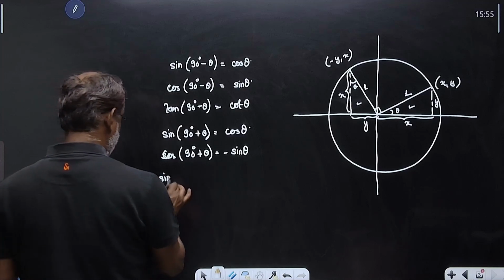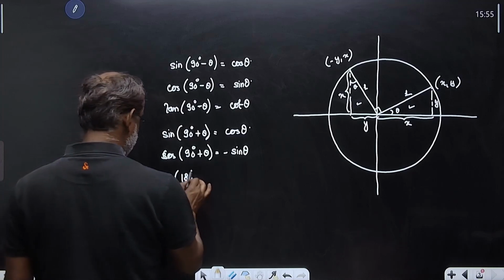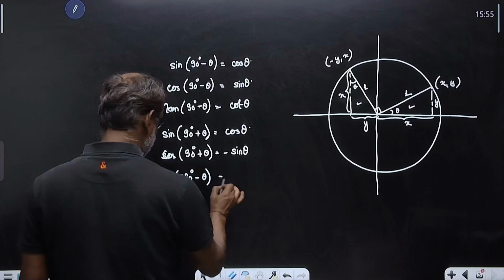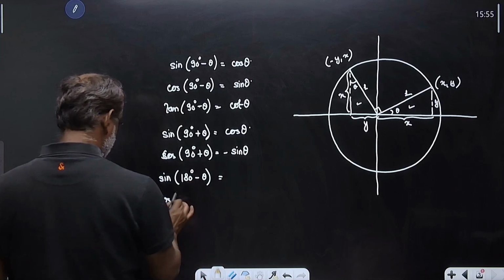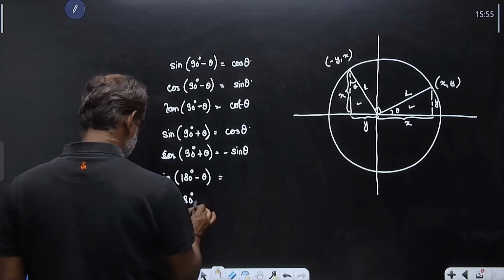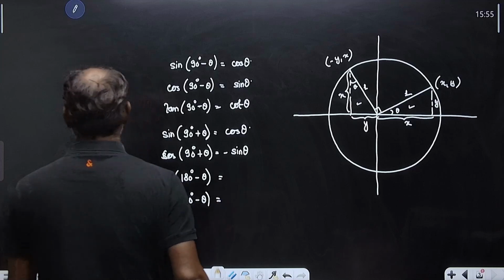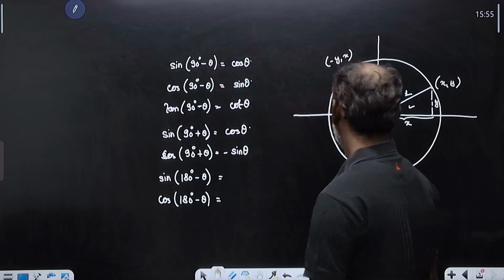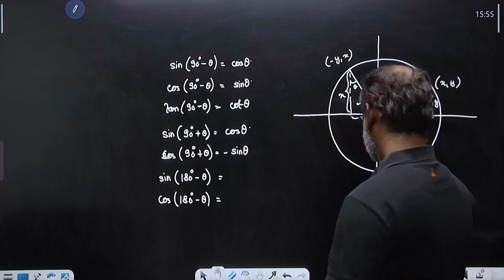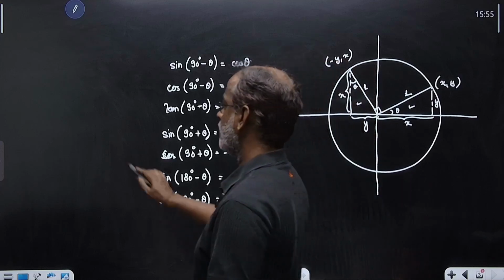Say sin 180 degree minus theta, cos 180 degree minus theta. So how are you going to do that? Let me draw the figure here.